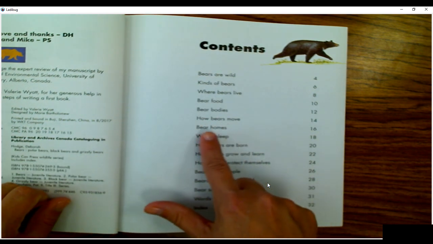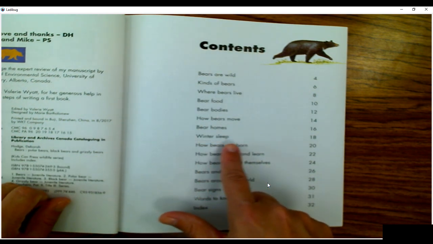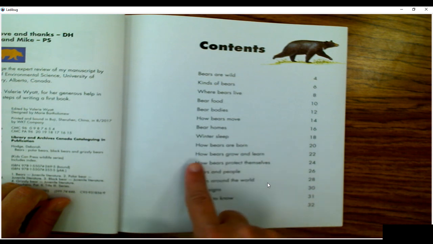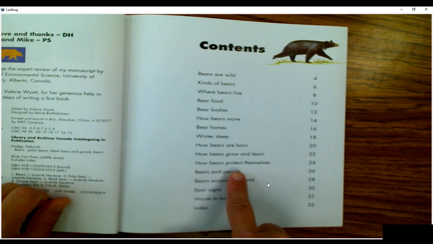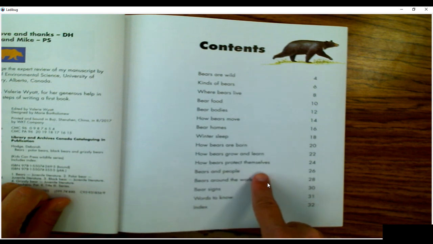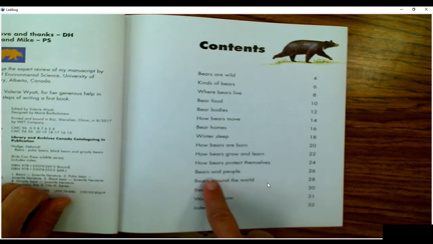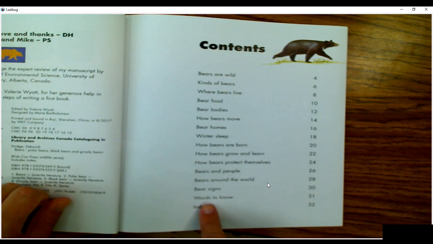How bears move, bear homes, winter sleep, how bears are born, how bears grow and learn, how bears protect themselves. That might tell me something about how bears' physical characteristics help them survive. Bears and people, bears around the world, bear signs. Then there's words to know, which would tell us about some vocabulary in the book, and the index.